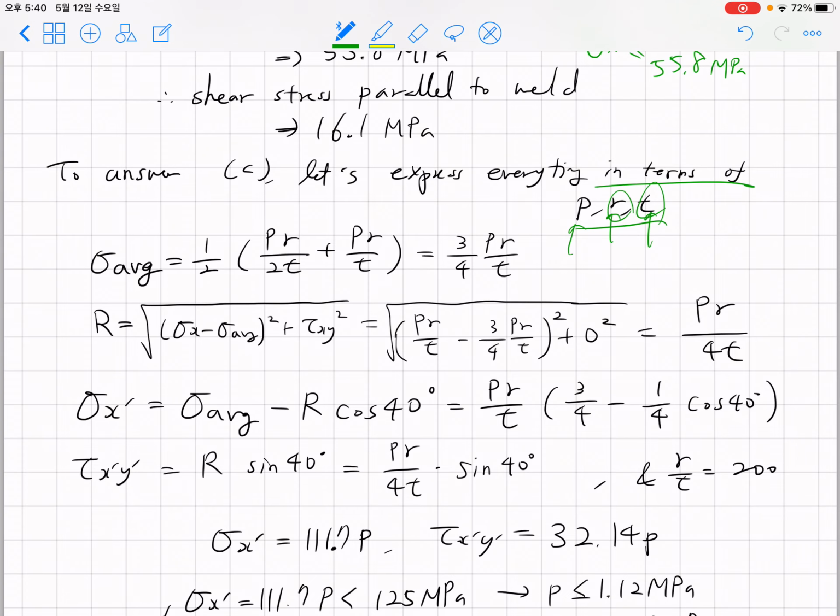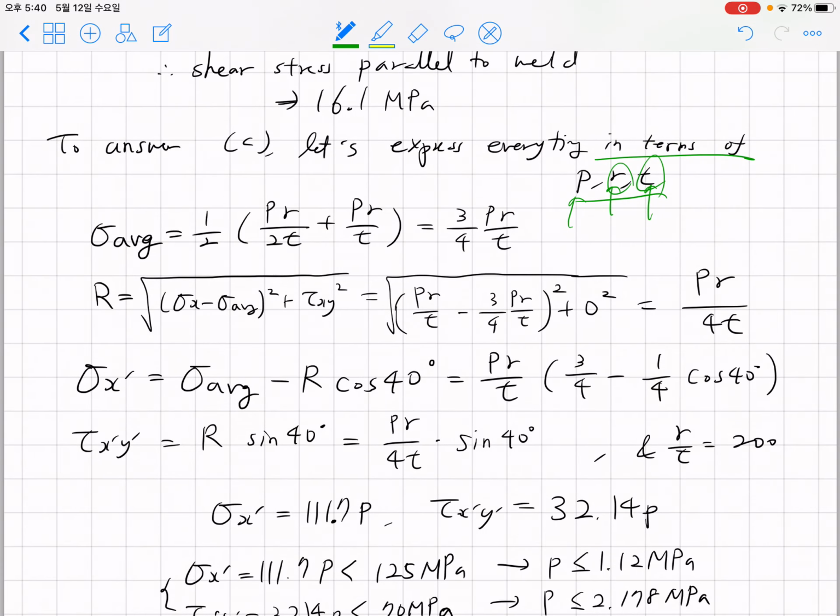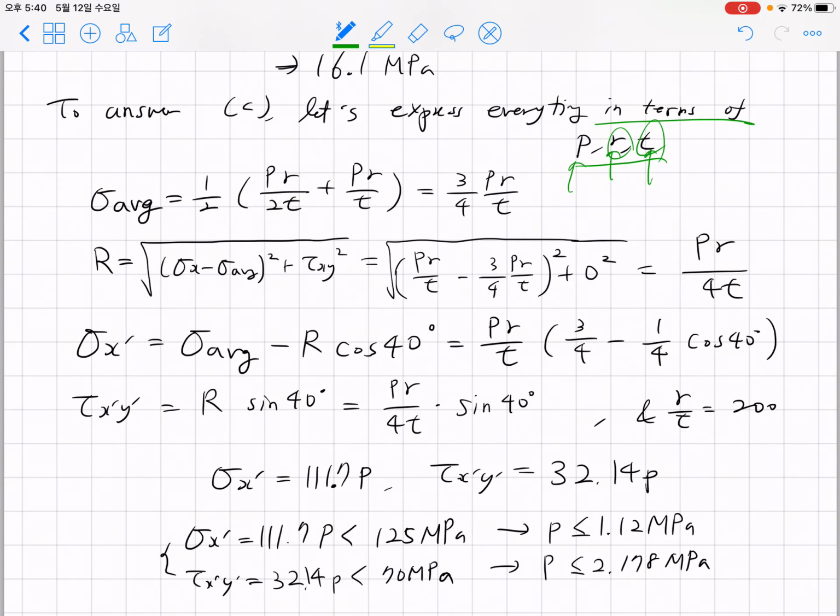So let's try to express everything up here in terms of PRT and obtain the answer for A and B in terms of PRT. So the average stress will be half of these two normal stresses, PR over 2T and PR over T, and it becomes 3 over 4 PR over T.